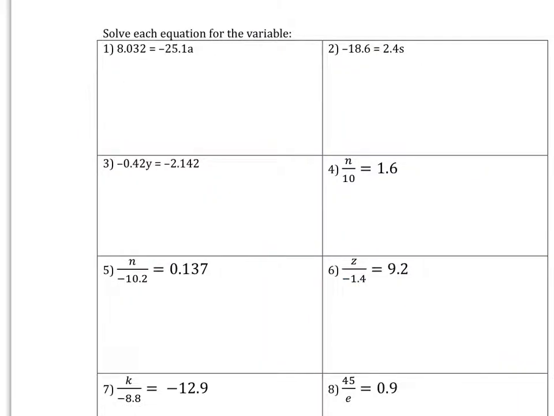We're going to solve each equation for variables, so we're going to do a few of these. Number 1, the first thing that we're going to want to do is identify our variable, and that is our A. So we're going to divide both sides by negative 25.1 to get our variable by itself.